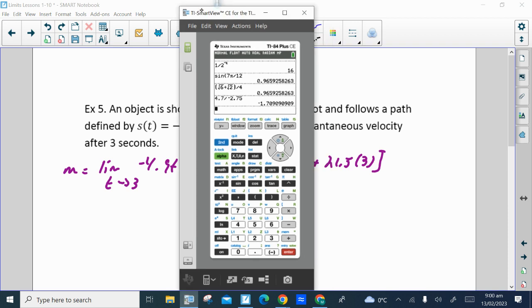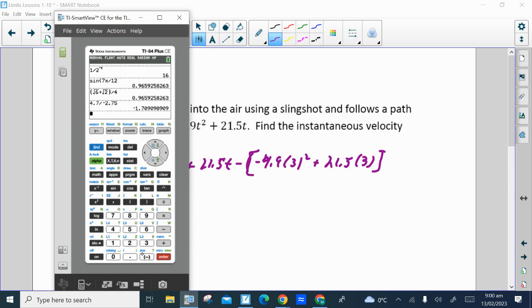So let's use our calculator to find out what that constant term is. Negative 4.9 times 9, that's 3 squared, plus 21.5 times 3.